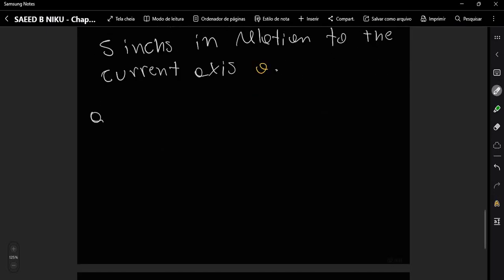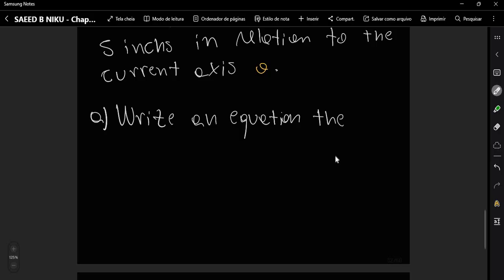So he asks us in letter B to write an equation that describes the motions, the movements that are being done.